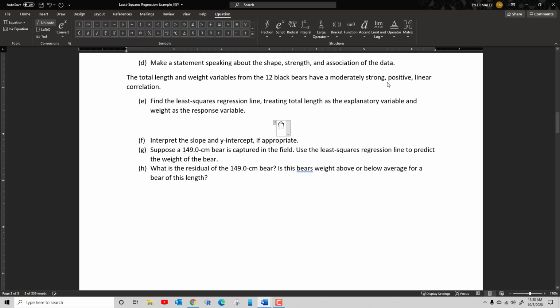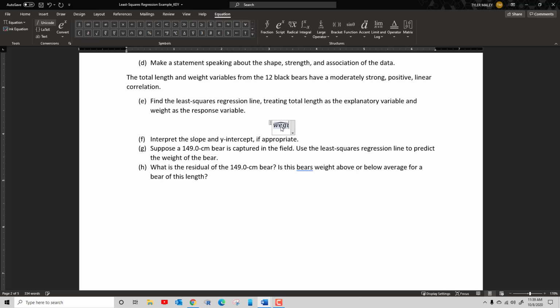In statistics, it's typical that we use a word instead of y and x, so that way it makes more sense, right? So we could say the weight hat equals some number times the length of the bear, plus some y-intercept, right? So we need to figure out what those two values are.